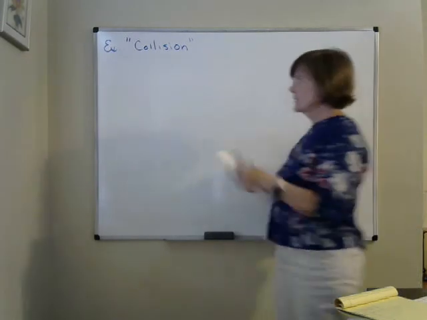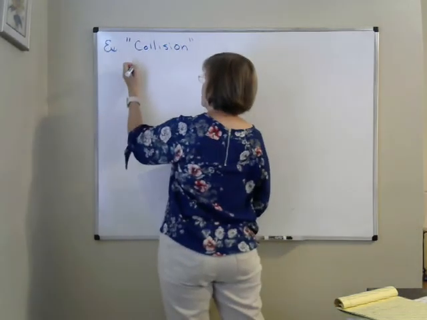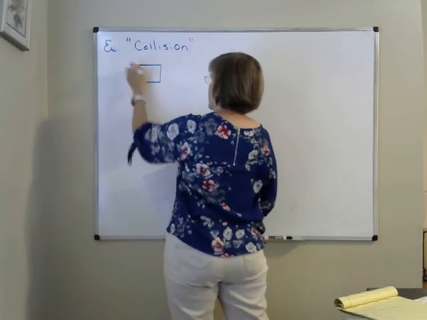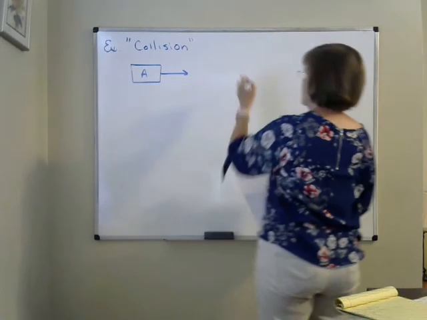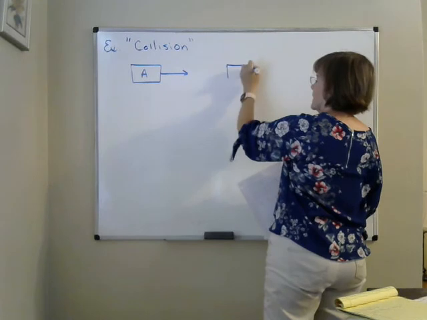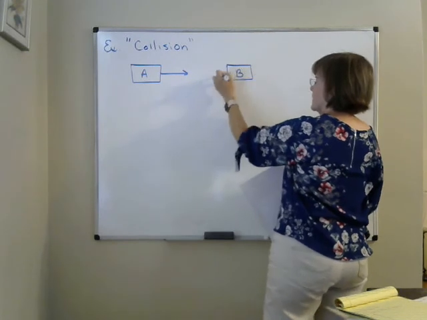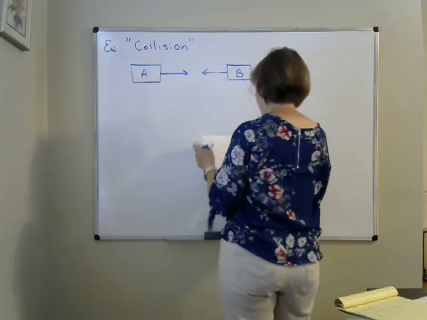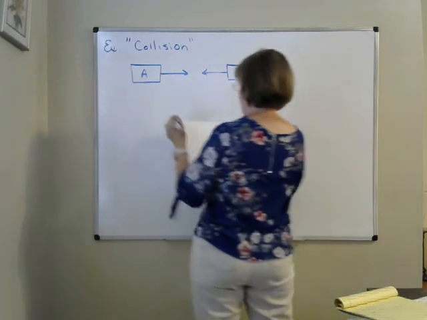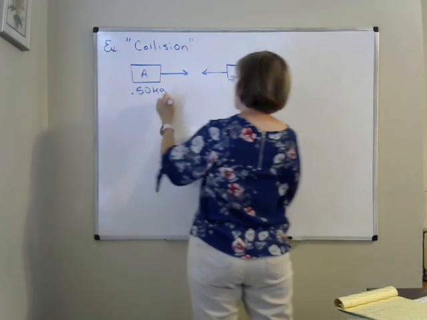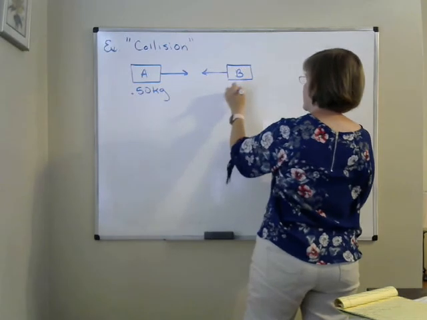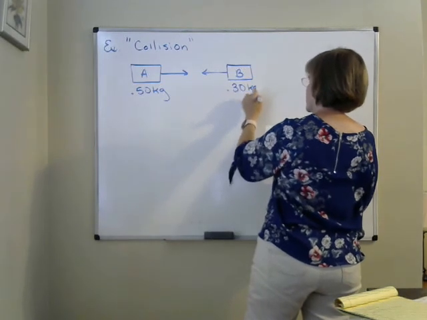In this case, we've got two gliders on a frictionless track. Here's glider A. It's moving this way. Here's glider B. It's moving the opposite way. The mass of A is 0.50 kilograms. B is 0.30 kilograms.